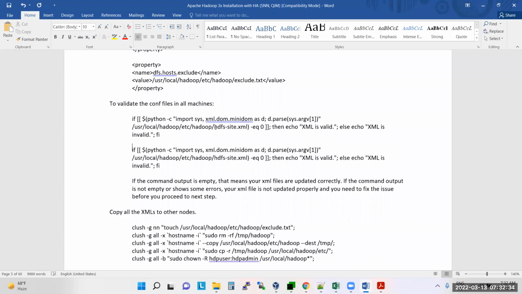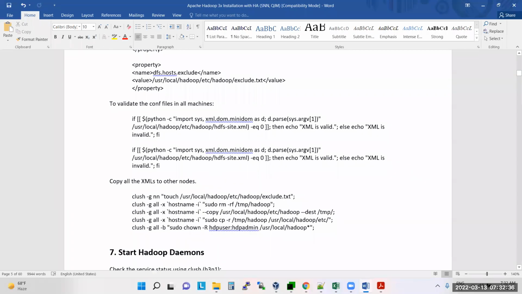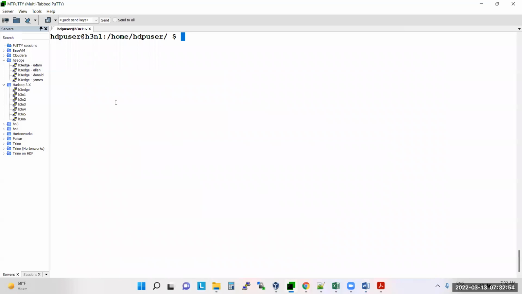This is portrait. Yes. XML is valid. XML is valid.